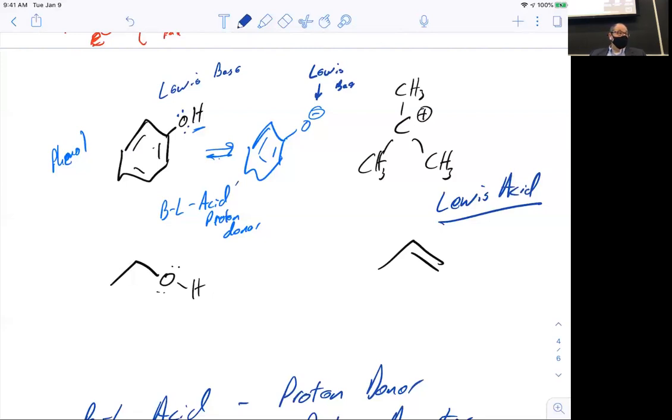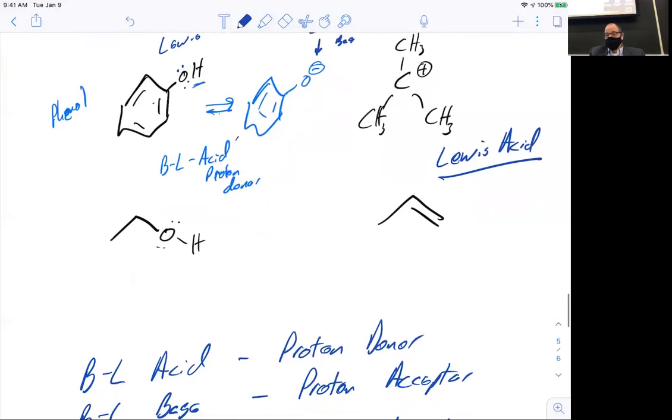It doesn't have electron density to donate. It has electrons that it can accept. It can accept electrons because of an empty orbital. This is going to be a Lewis acid. The bottom one is very similar to the top. It's both a Bronsted-Lowry acid and base, and it is a Lewis acid and base.